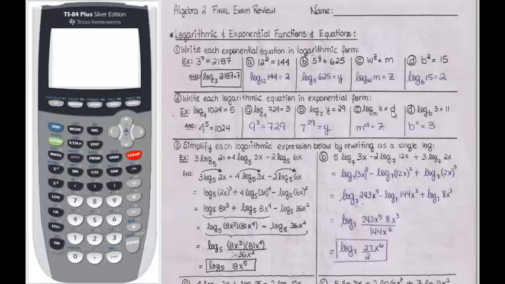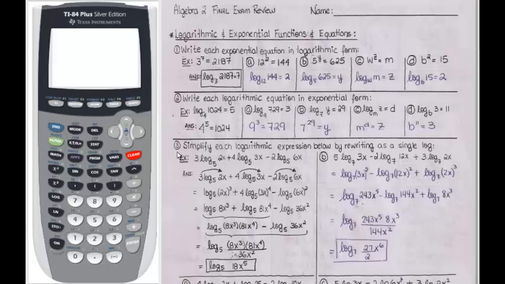And the last one is the base b raised to exponent 11 equals 3. Again, just like problem number 1, there will be a question like problem number 2, where I'm going to give you a logarithmic equation and ask you to write it in exponential form.